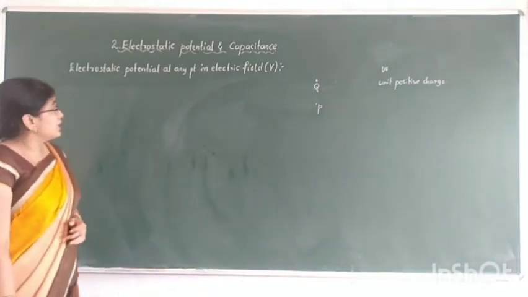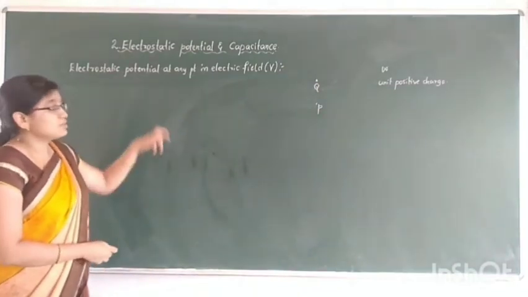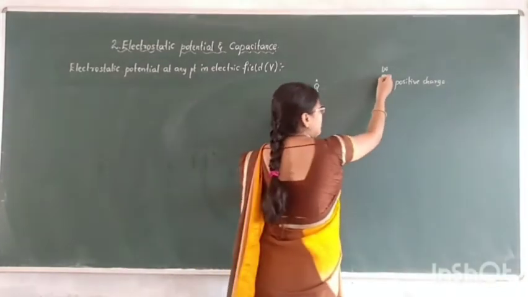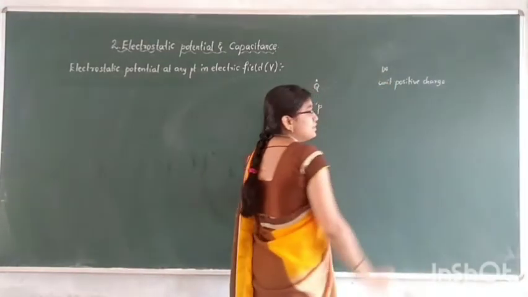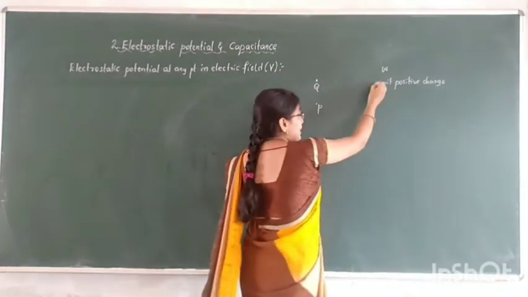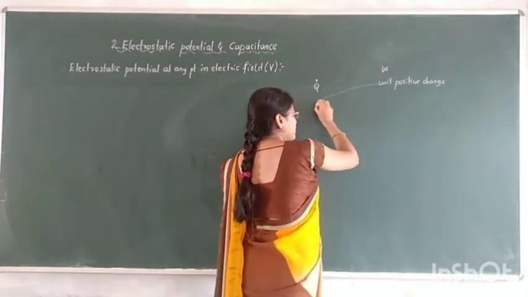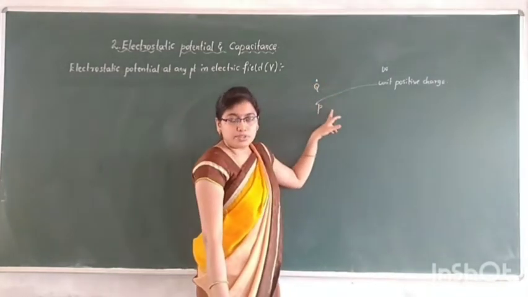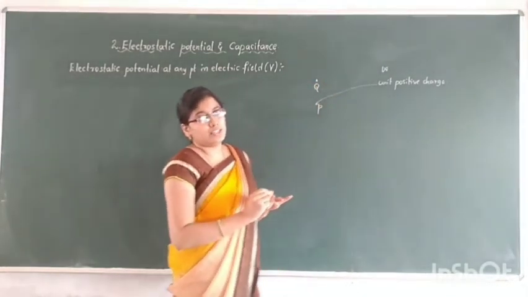So electrostatic potential is the work done in bringing a unit positive charge from infinity to point P against the electrostatic force of repulsion without any acceleration.